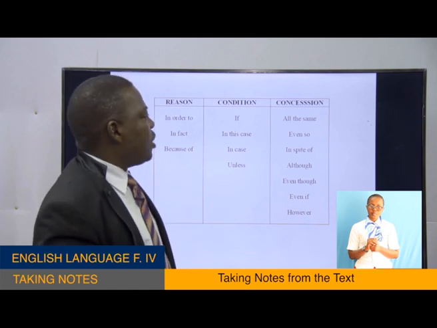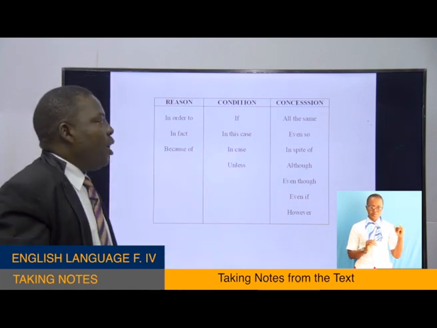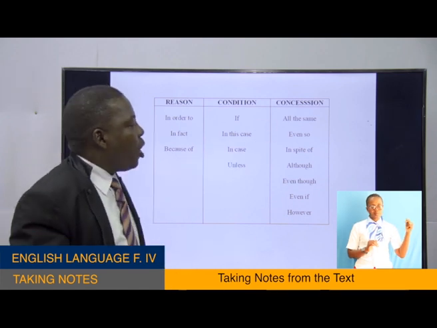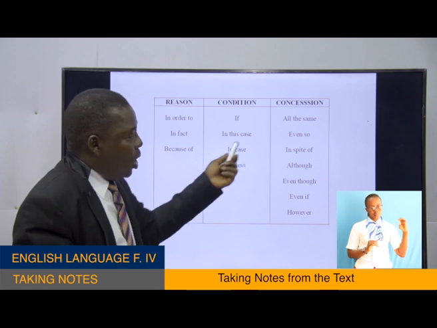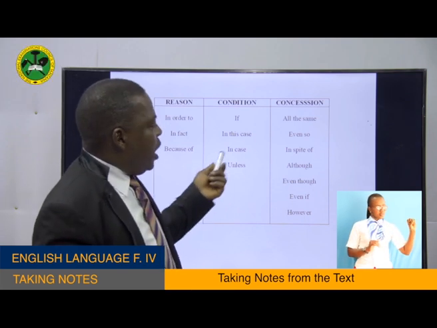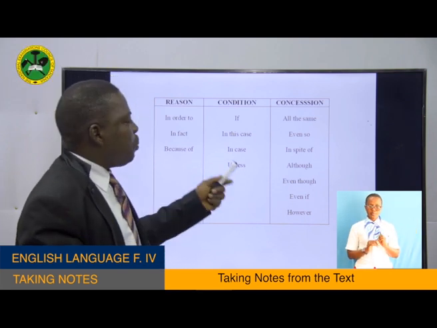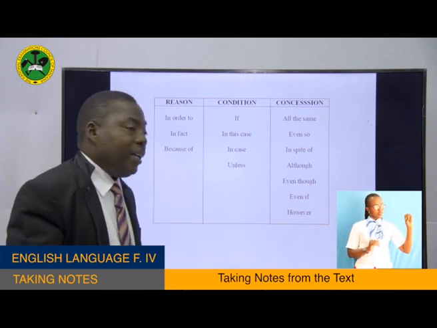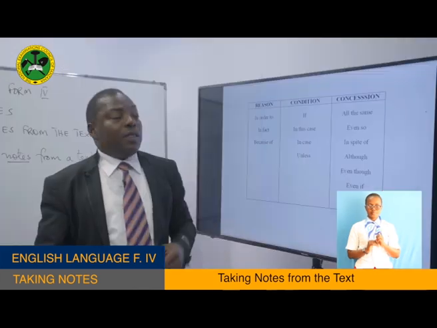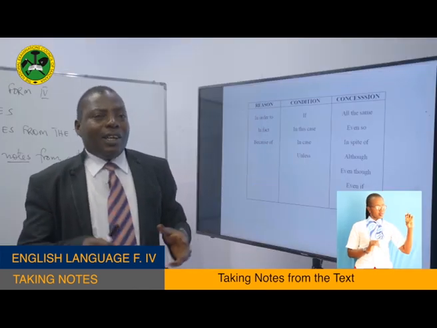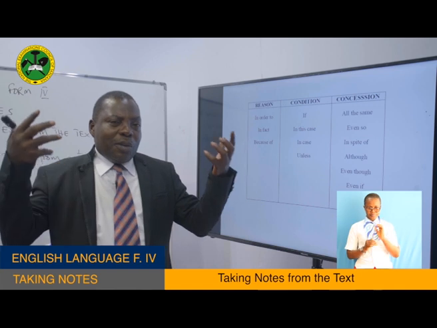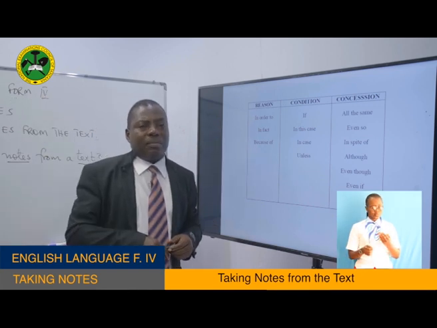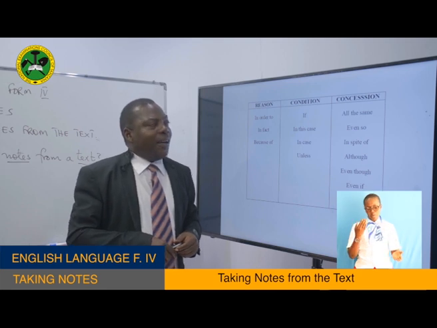And the last column indicates the other bunch of linking signals which are referred to as concession. All the same, even so, in spite of, although, even though, even if, and however. These concessions sometimes can be equal to those that we talk about as contrast.